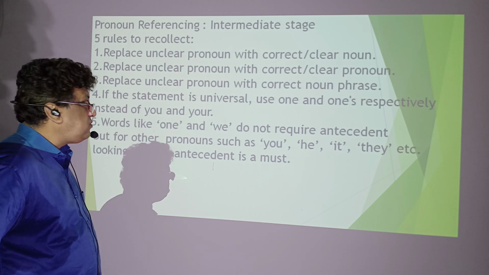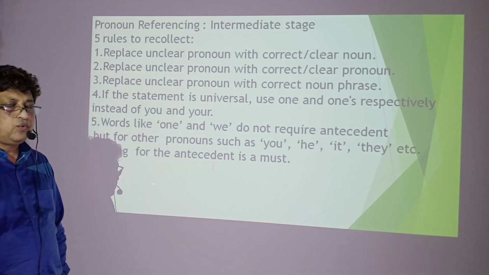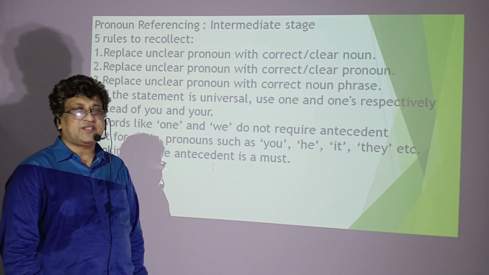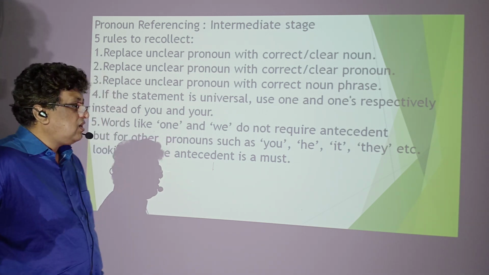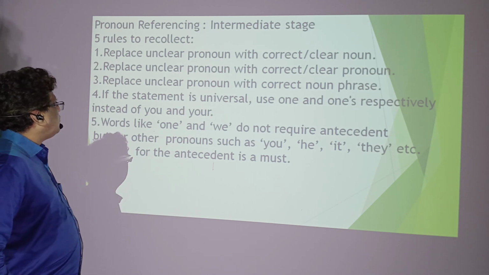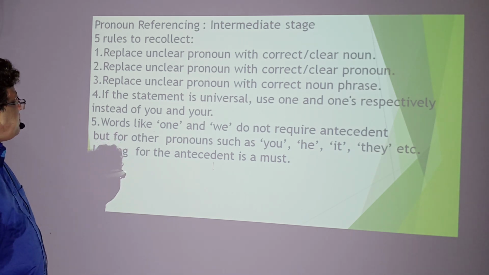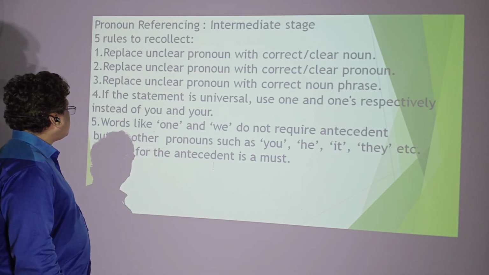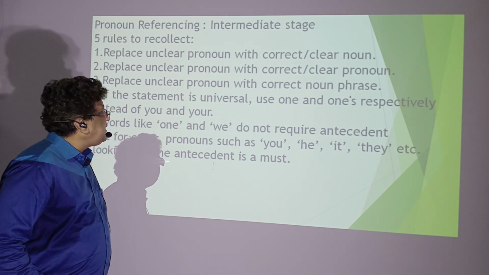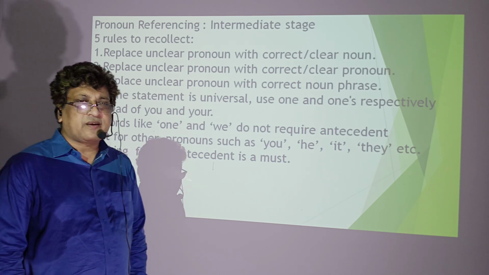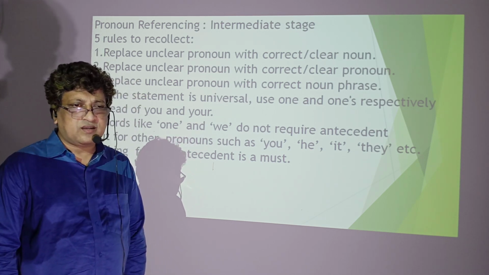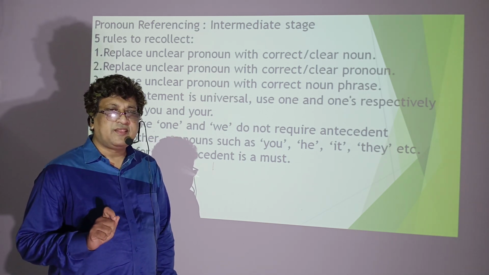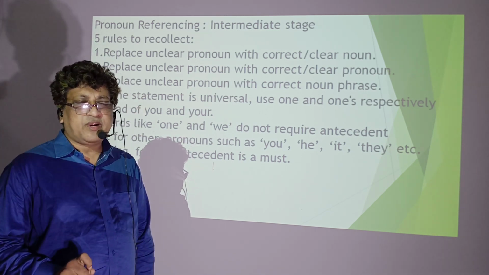In pronoun referencing, we have two stages: intermediate stage and advanced stage. For the intermediate stage, we have 5 rules to remember. First one, replace unclear pronoun with correct or clear noun. This is the most vital, most important thing to remember.